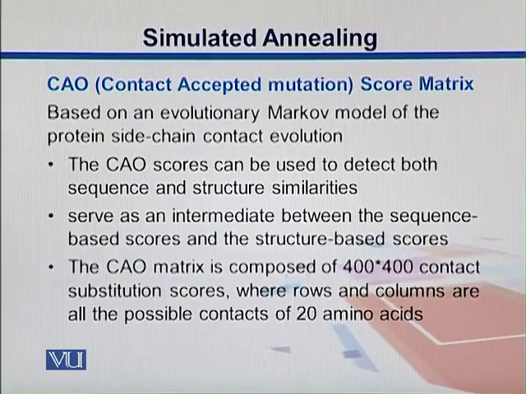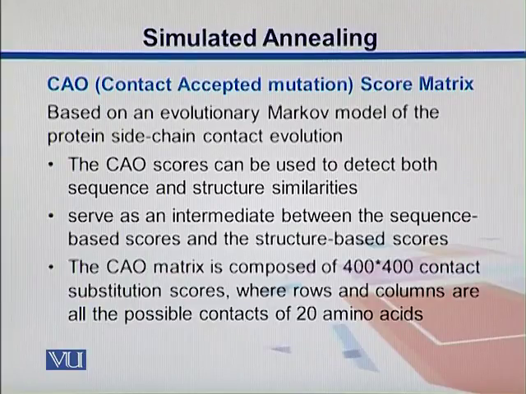And this matrix is actually 400 by 400, since we are taking 20 amino acids and all their possible contacts. So 20 by 20 on one side, which is equal to 400, and 400 on the other side. So how different amino acids contact with one another, that is how their structures are then formed. So we are doing multiple sequence alignment, but we are taking into account what will be the final structure of that protein.